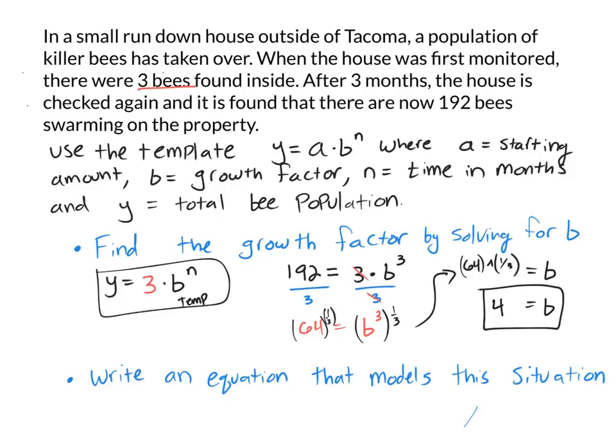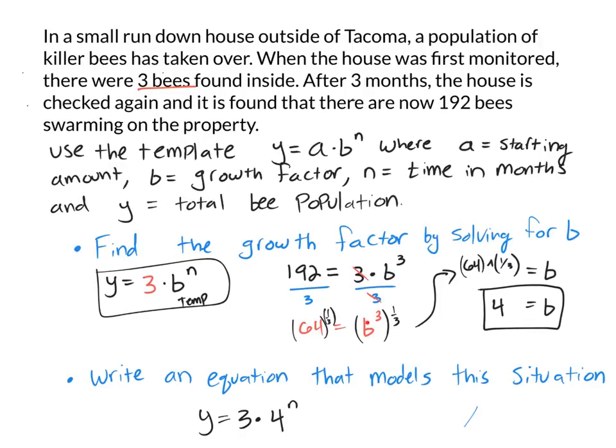Write an equation that models this situation. Y equals 3, our starting point, times the 4 bees per month to the power of n, because we figured out that the 4 comes from here. This is a little bit complicated.